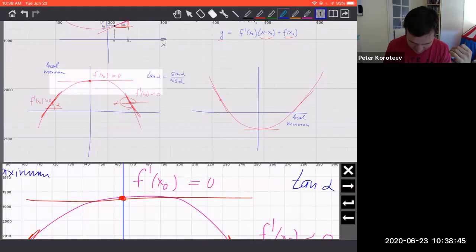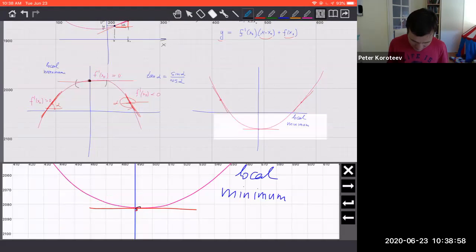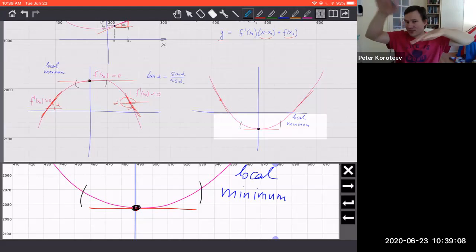A maximum simply says that the value of the function here is greater or equal than the value of the function around it in some small neighborhood. That's what local means. Also, if it's a local minimum, then the value of the function at the minimum is less or equal than the value of the function outside. But when you have a parametric curve, it does all these crazy things, and it doesn't really make sense anymore to talk about minimum and maximum. But we can still talk about the tangent line.